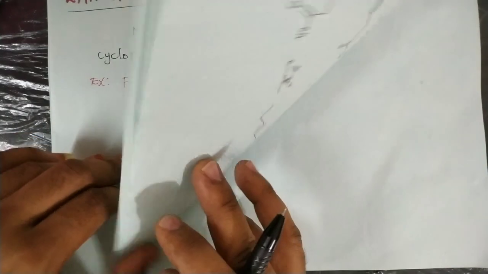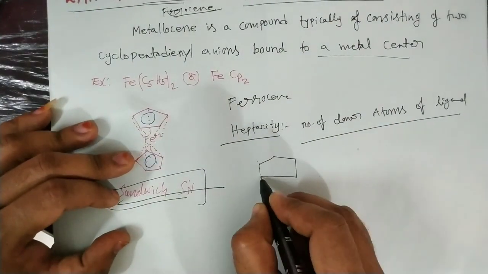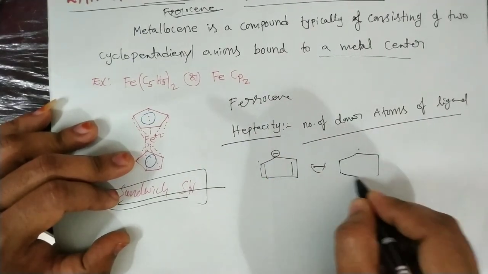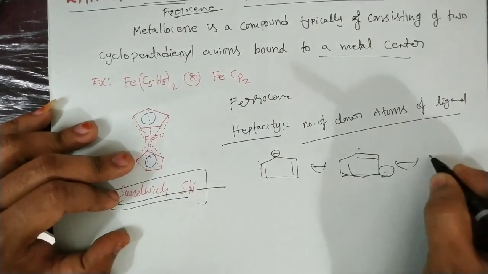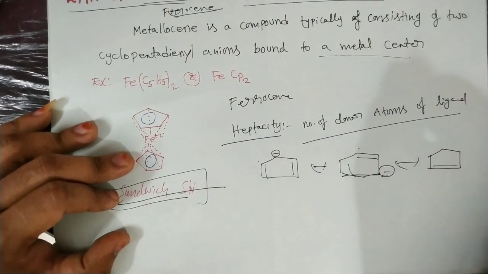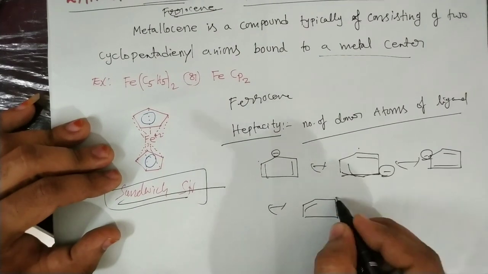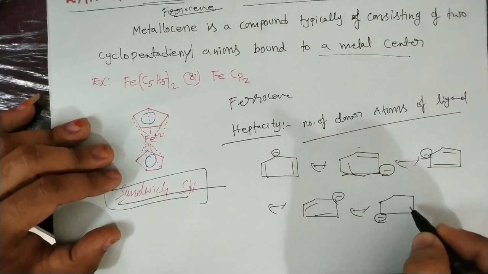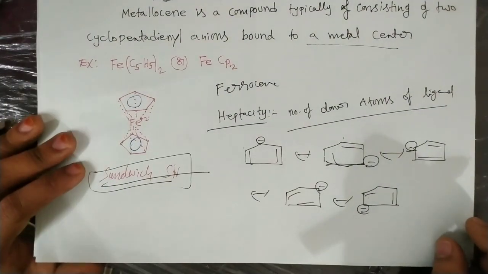These are the 5 resonating structures: one with a negative charge here, the next with the negative charge and a pi bond, the next with another negative charge and pi bond, and another with the negative charge and two pi bonds. So these are the 5 resonating structures of the cyclopentadienyl anion.